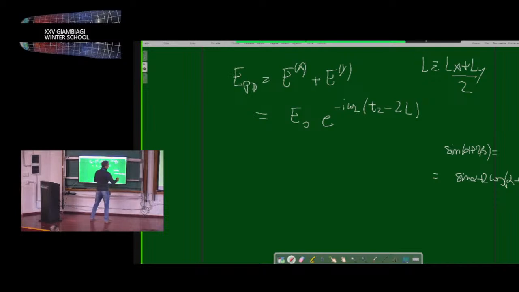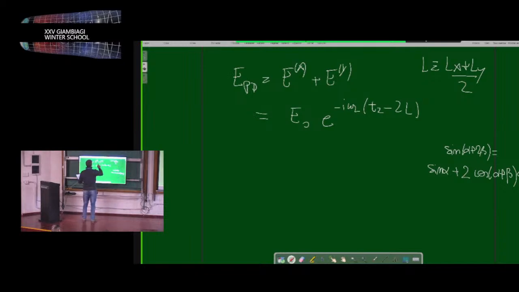Let me write it a little bit better. This is sine of alpha plus beta is sine alpha plus twice cosine alpha plus beta times sine beta. It's not trivial, but it's an identity.